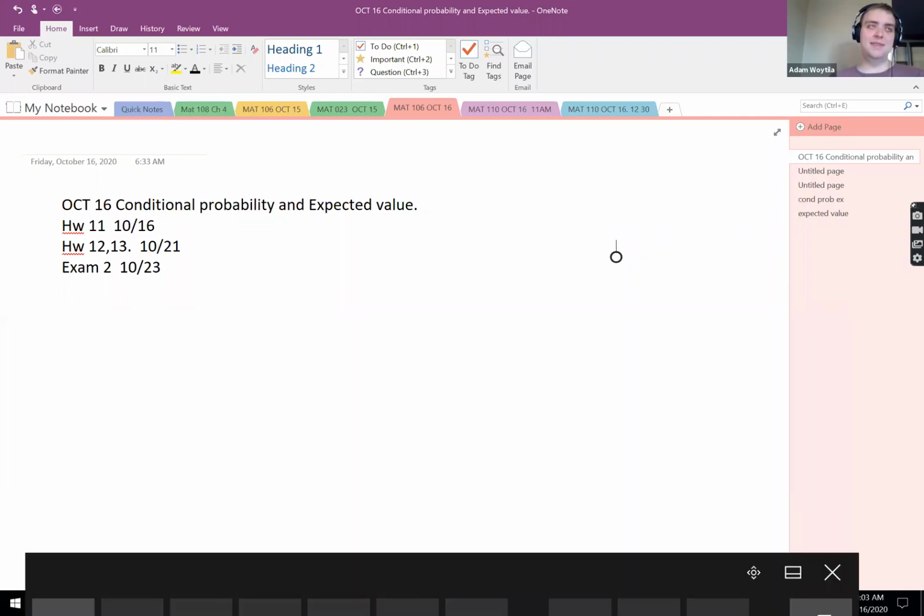Homework 12 and 13 are both due on the 21st. Exam 2 is on the 23rd. Probably on the 21st, we'll go over the review sheet and then we'll discuss whether Exam 2 is open from the 21st to the 23rd or from the 23rd to the 24th.